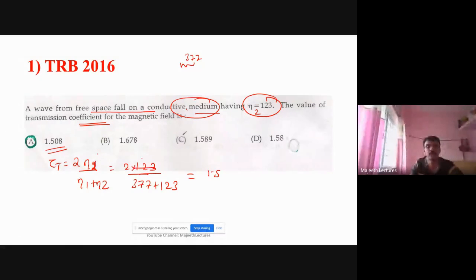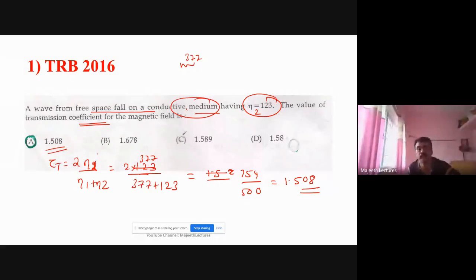So 2 into 377 is 754, divided by 500, which is 1.508. Fine. So that is the answer, the transmission coefficient.